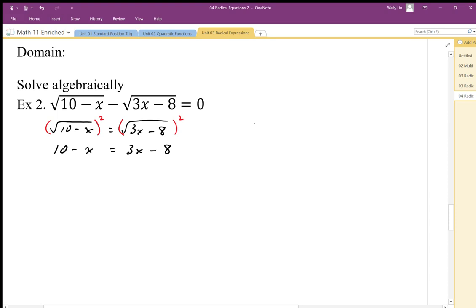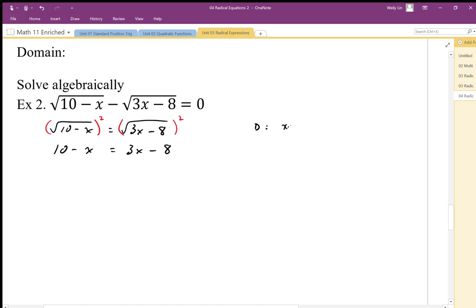I really should maybe set my domain again. So my domain, and in this case, there is no outside restriction because I cannot equal the square root to another expression. So we're only going to end up with two inside restrictions. We're going to end up with x has to be equal to 10 or less than 10, otherwise we get negative.